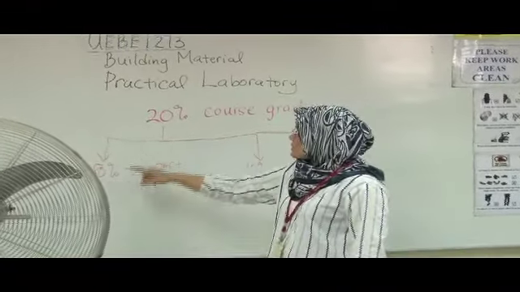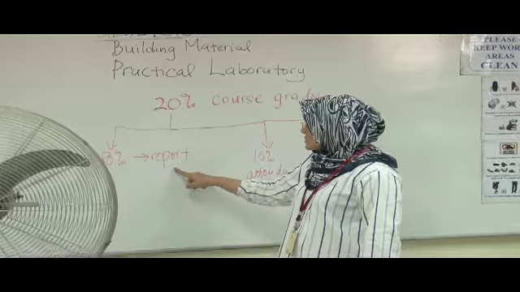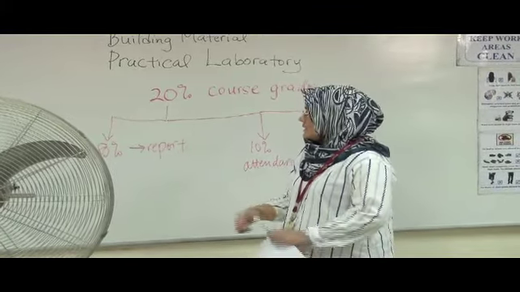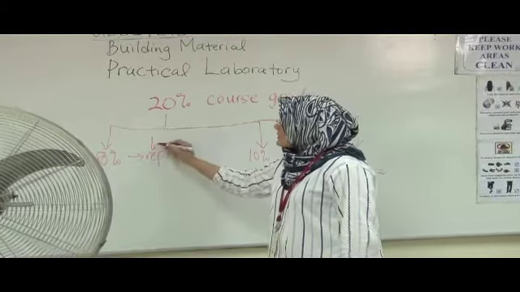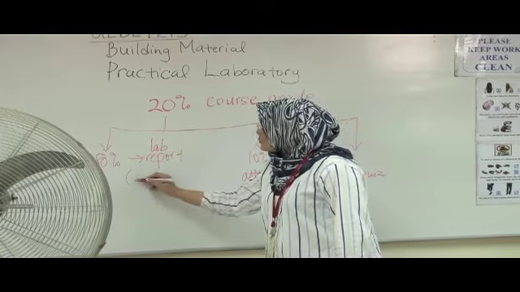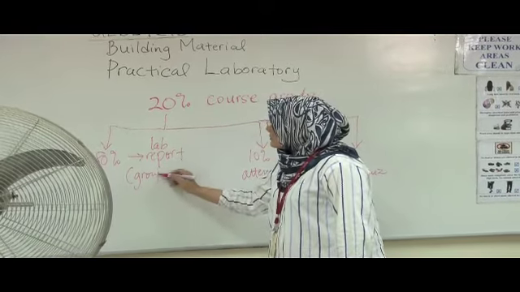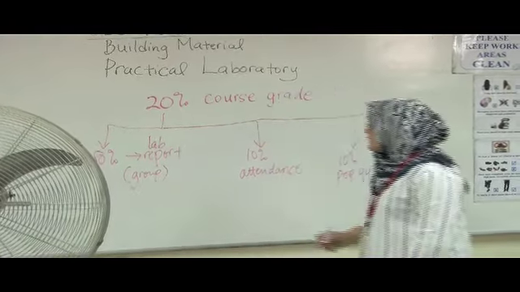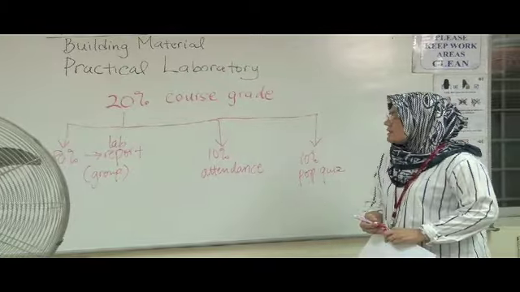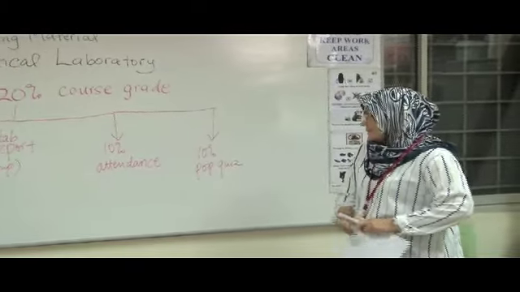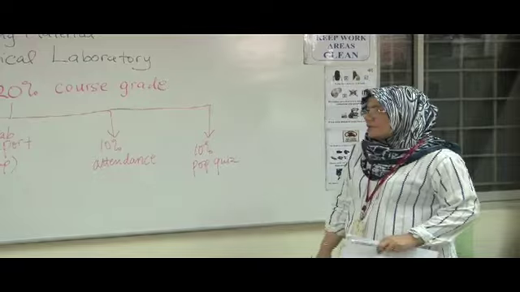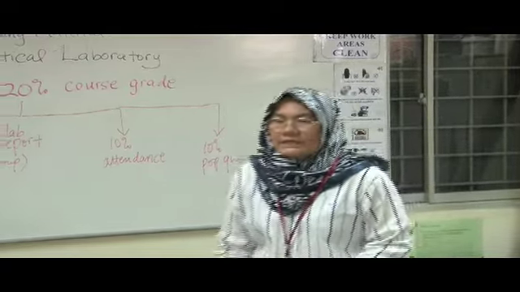From this 20%, 80% is from the report. Your lab report will be a group report, and 10% will be your attendance, and 10% is based on the quiz that I'll be giving.